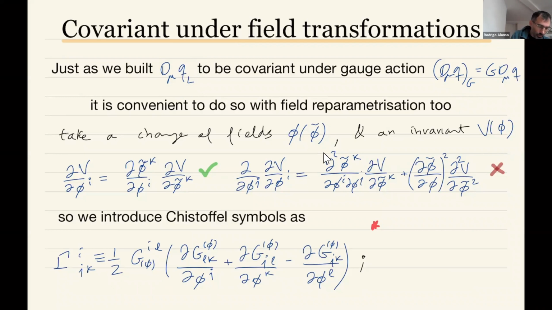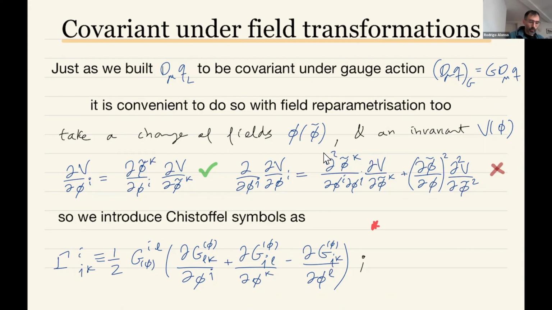So let's take the change of fields and assume that phi is given in terms of another field phi tilde. And we take some invariant that could be the potential, could be something else, V of phi. We can look at the first derivative with respect to the field and see how it transforms. It transforms as simply as given by the chain rule, derivative with respect to phi equals derivative with respect to phi tilde, and then phi tilde with respect to phi. And that's what we want, because that's precisely the same term that enters the transformation of our metric.